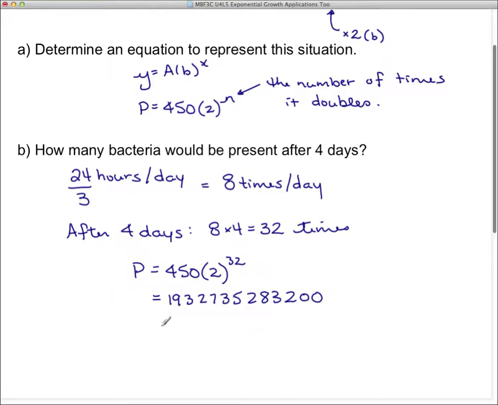Now your calculator probably did this to you. It probably did 1.9 and then gave a little e or a little space or a little times 10 to the, and let's see how many places it's going to give us. It is here and we need to move it over to there. So it's 1, 2, 3, 4, 5, 6, 7, 8, 9, 10, 11, 12.